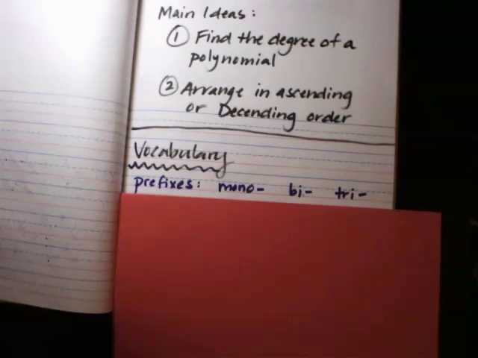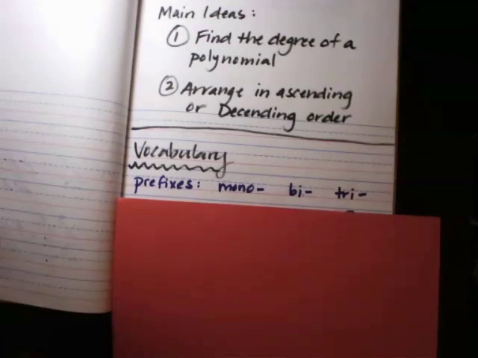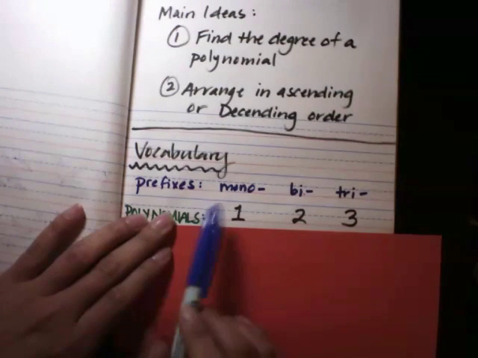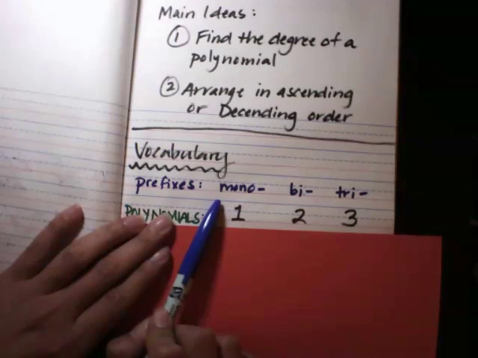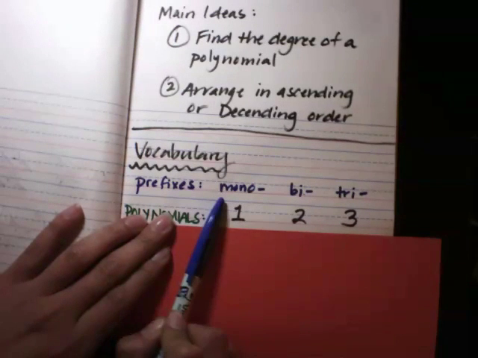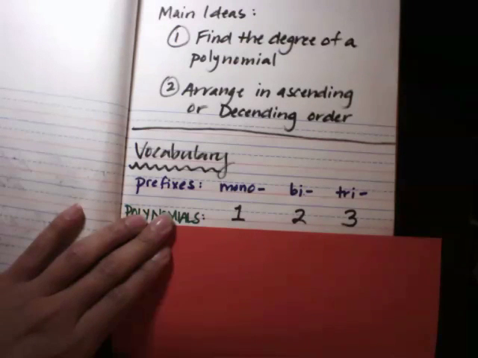Okay. So you have your prefixes, mono, bi, and tri. Anyone who's had language arts knows we have 1, 2, and 3. So mono, you can think about the word monopoly. Monopoly means one company that has taken control over an entire industry.